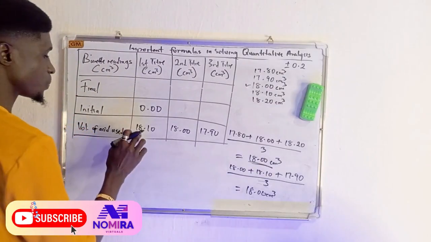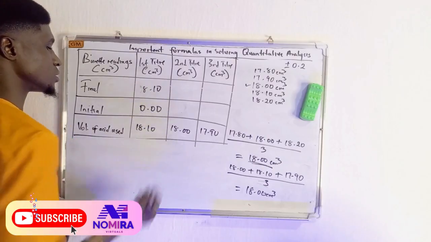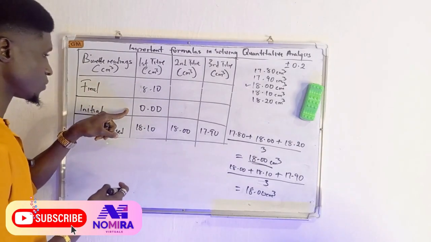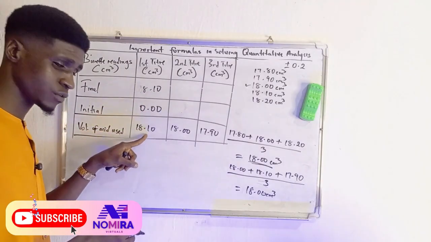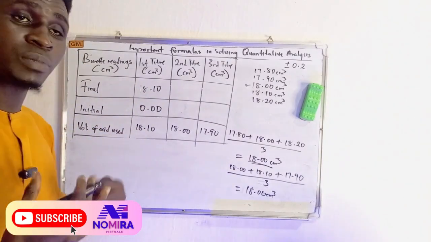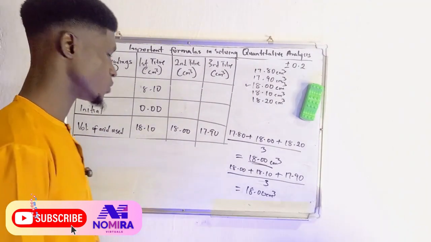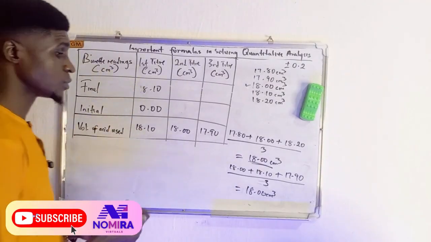Okay, now this plus this will give us this, which is 18.10. The normal way to do it is final minus initial. 18.10 minus 0.00 should give you this. But because we are manipulating our table, we are using our hand to forge or create our own table, right? We can do this plus this to give us this. It is the same thing.